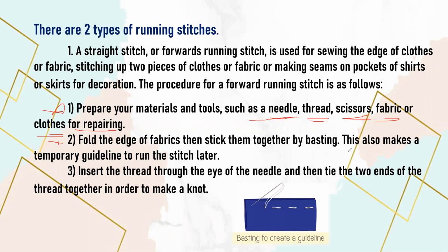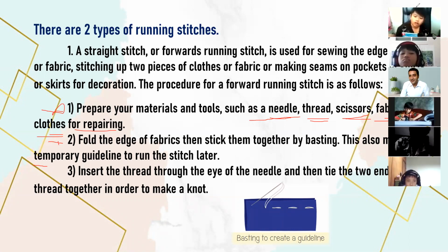This also makes a temporary guideline to run the stitches. Like you can see in the picture, this is what we call basting to create a guideline. This is how you can make a basting line, right? So it will guide us on where we can run our stitches. Okay, students, you understand that?